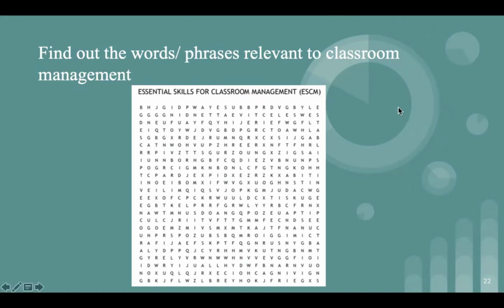It can be across, it can be in a vertical position, horizontal, left to right, right to left. So find them out.